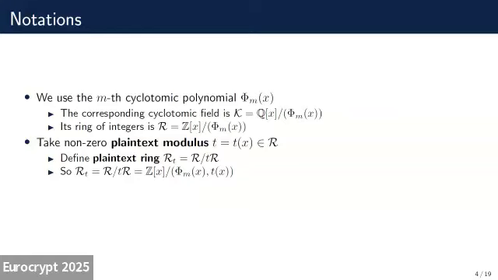So this is this ring R_t here. In summary, you can see this plaintext ring as if it is defined modulo two polynomials. On the one hand, we have this cyclotomic polynomial, and on the other hand, we have our plaintext modulus t. Then the main technical difference between BFE and CLPX is that BFE instantiates this plaintext modulus as an integer, whereas CLPX uses a linear polynomial.